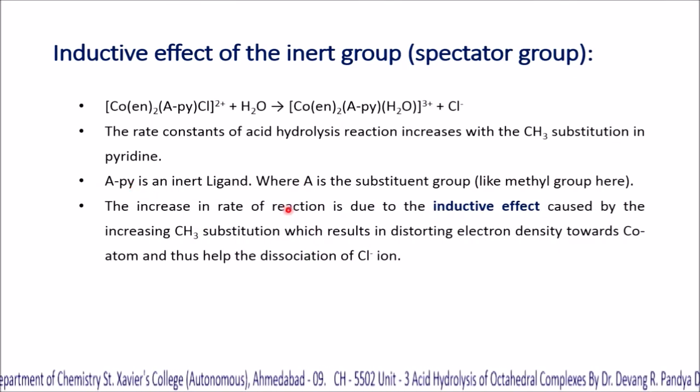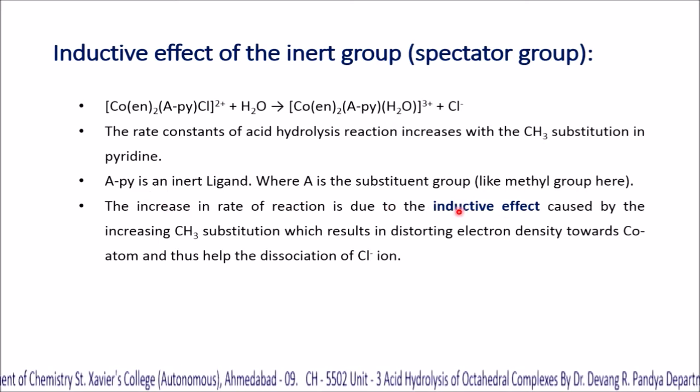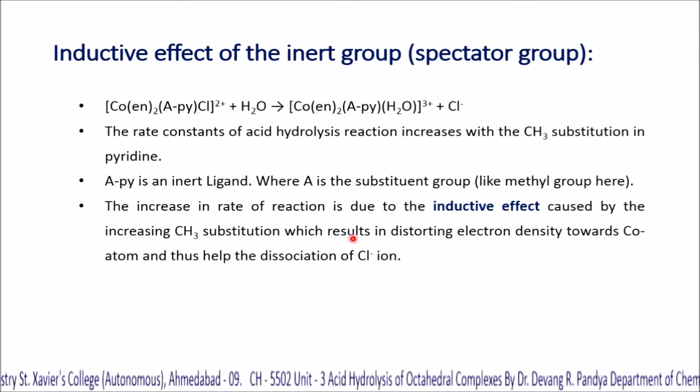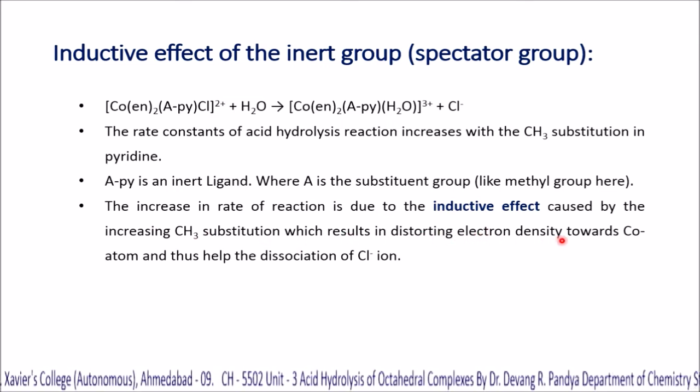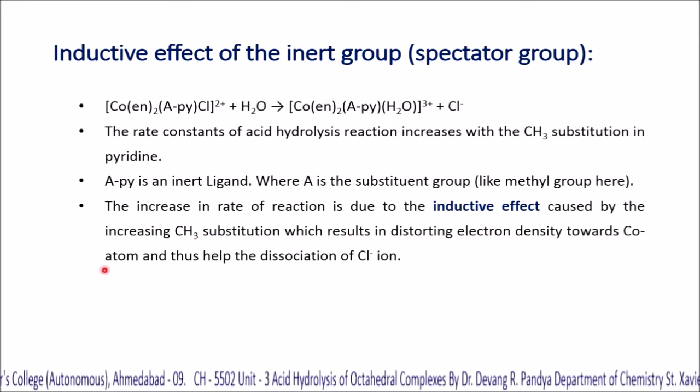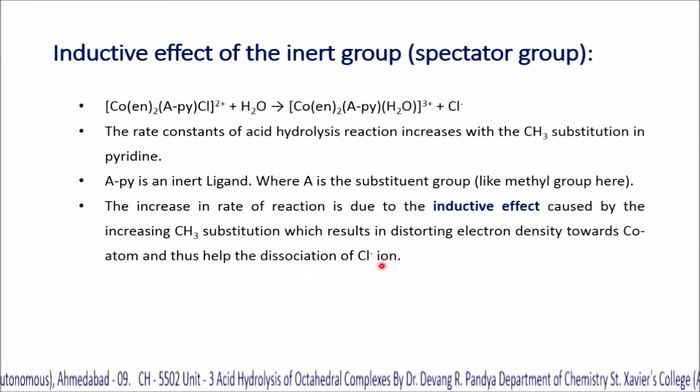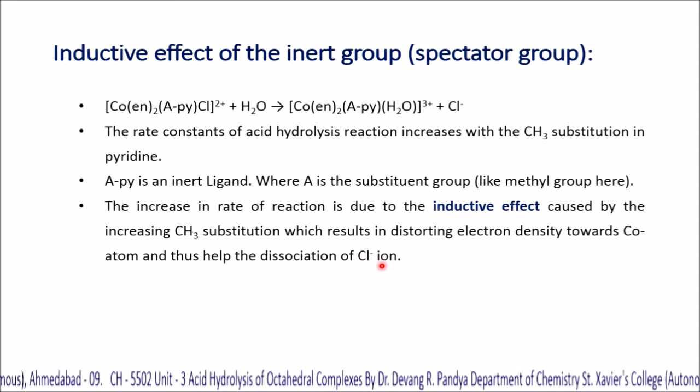The increase in the rate of reaction is due to the inductive effect caused by the increasing methyl substitution, which results in pushing electron density towards the cobalt atom, and thus helps the dissociation of chloride. So that way chloride dissociation takes place rapidly.